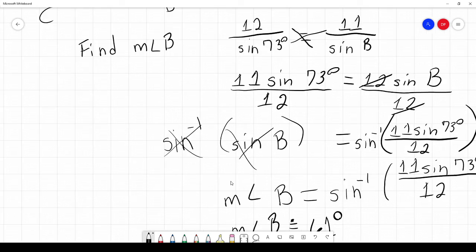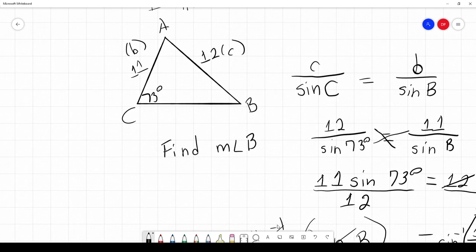And I just want to point out, going back to our original triangle here, if we put a 61 here, and again, it's an approximation, it's not exact, but depending on how accurate you wanted it to be, you could go ahead and find angle A next, because remember, 73 plus 61 plus whatever you want to use for a variable here would have to be 180.